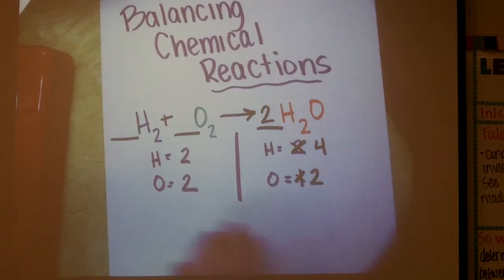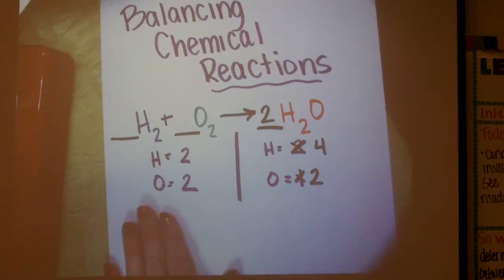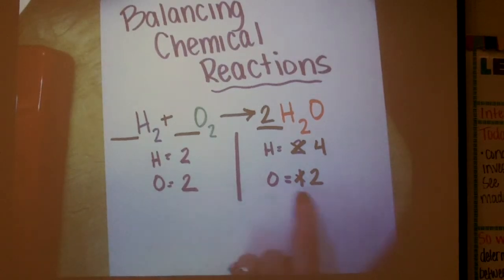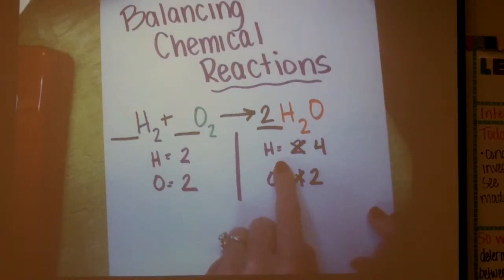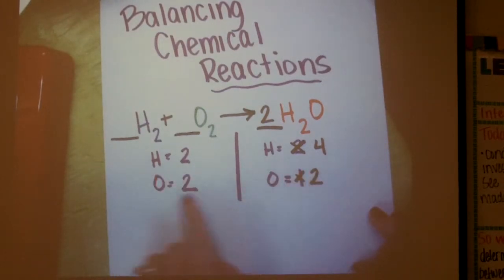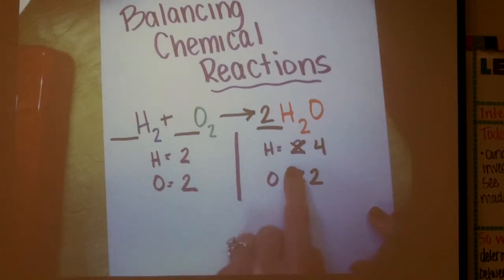So now, looking at my atoms, oxygen is balanced. Now, let's double check and make sure everything else is balanced. Hydrogen has 2, hydrogen has 4. This is not balanced anymore. So our oxygen is fine, but our hydrogen is not.